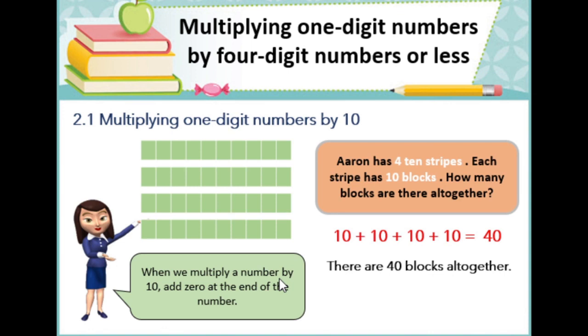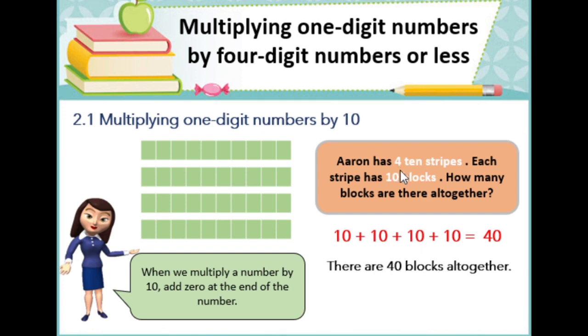Remember, when we multiply any number by 10, you always add 0 at the end of the number. So, for example, we have 4.